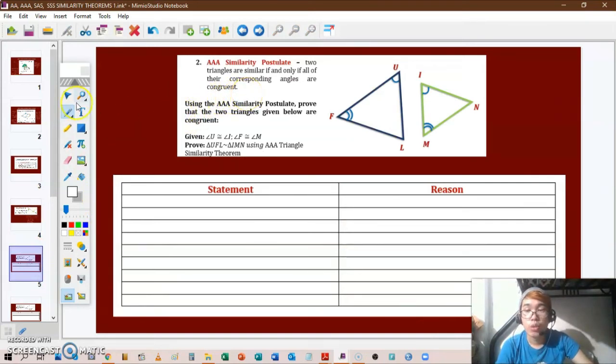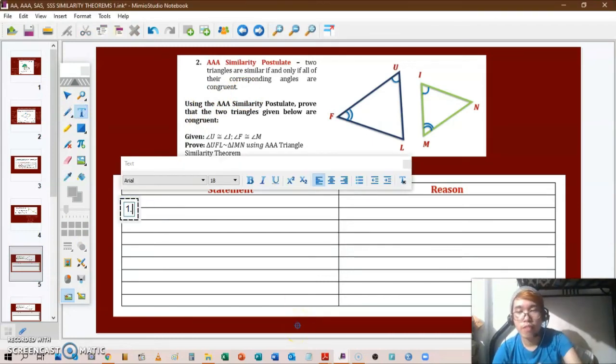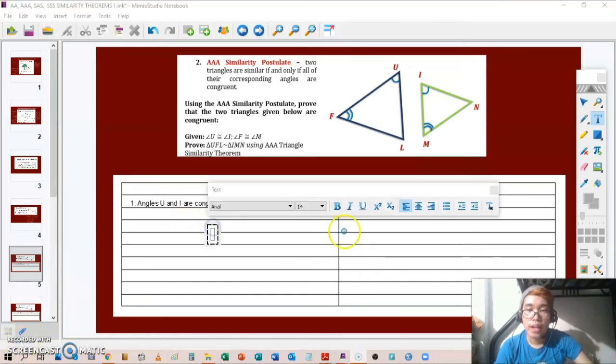So let's try to prove it using a 2-column proof. For the first statement, we have your given: angles U and I are congruent, and also angles F and M are congruent. So that's a given.